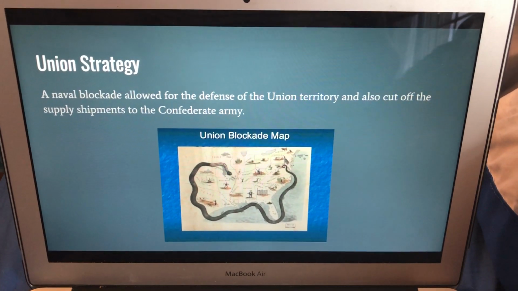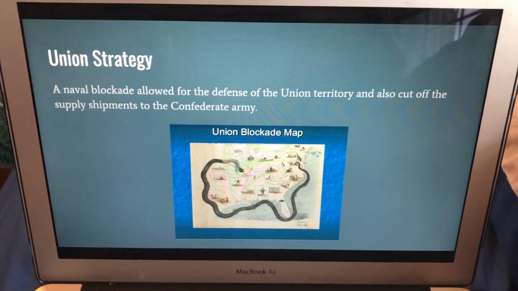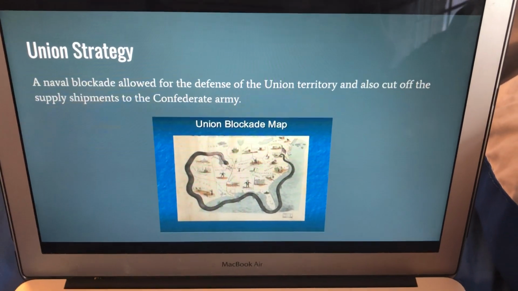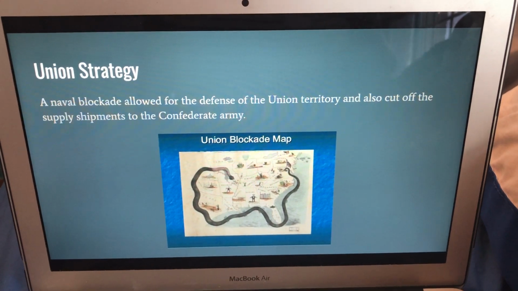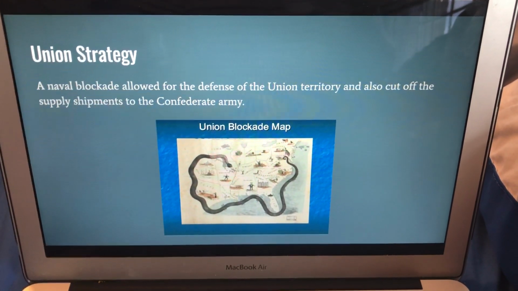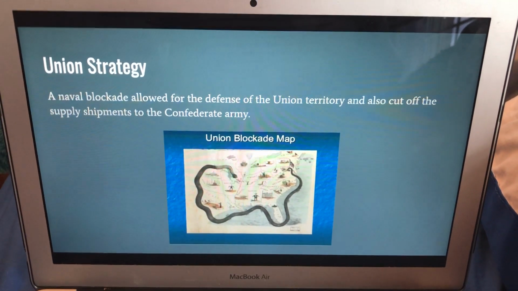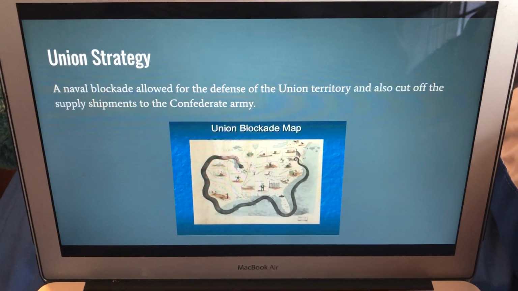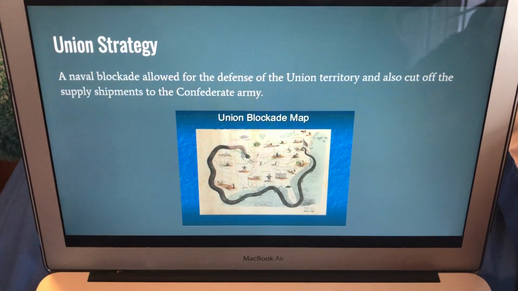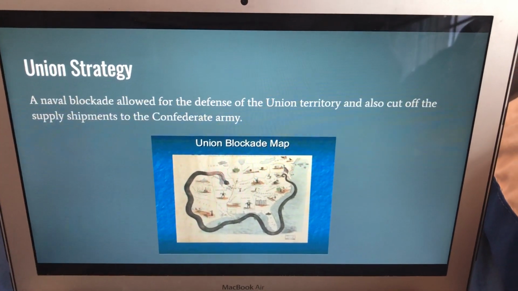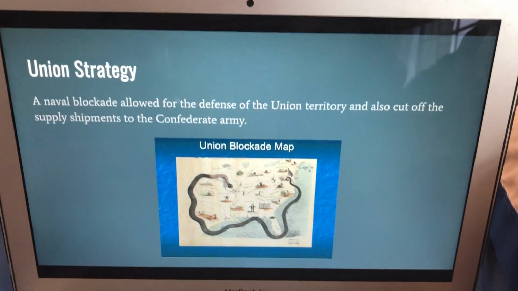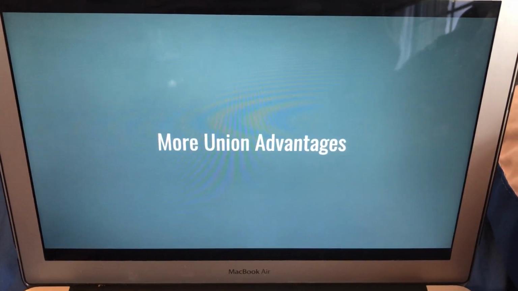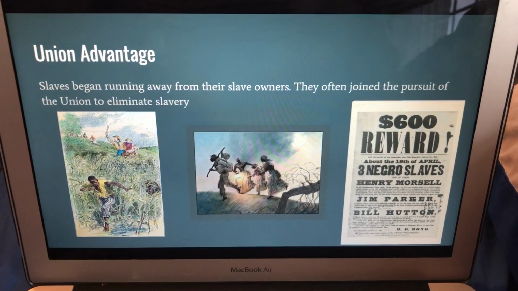So the Union, owning almost all of the railroads, would get their supplies relatively easily, but the Confederacy would have to rely on ships to bring them their supplies of uniforms or anything else that they would need. And while the Union would do the naval blockade, it would cut off a ton of supply shipments to the Confederacy.